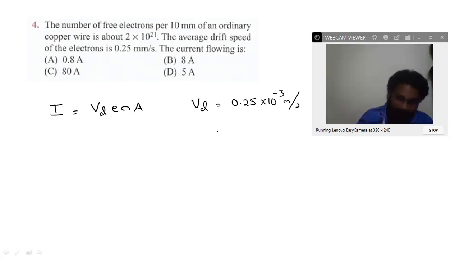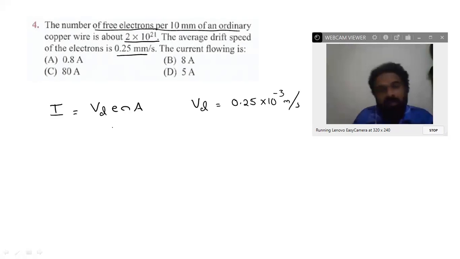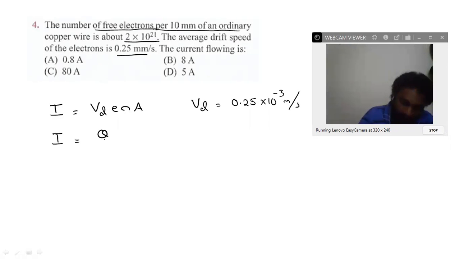Average drift speed is also given. Current is asked. Now, either we can do I is equal to v_d e n A, that is also fine, or otherwise, we can do I is equal to Q by T also.